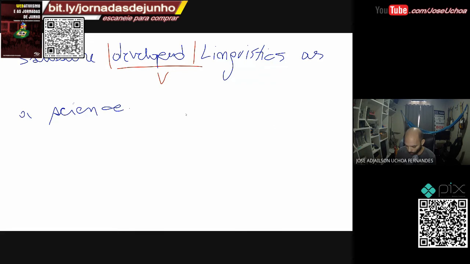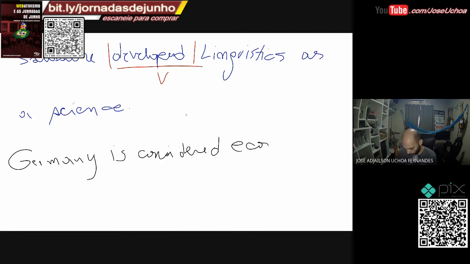Now, take a second case. Germany is considered economically developed. I'm sorry about the handwriting.